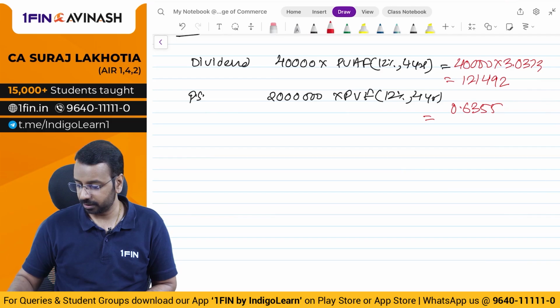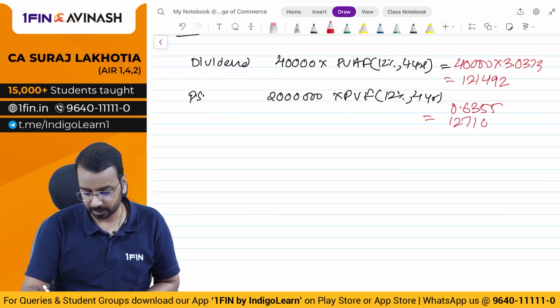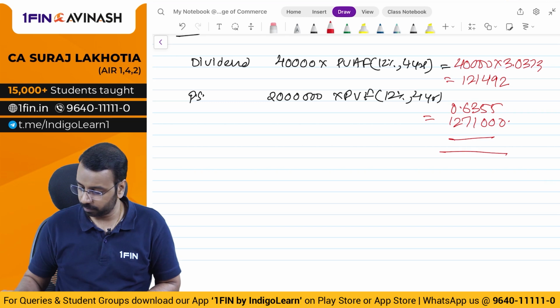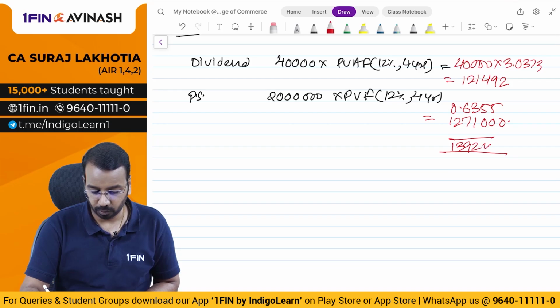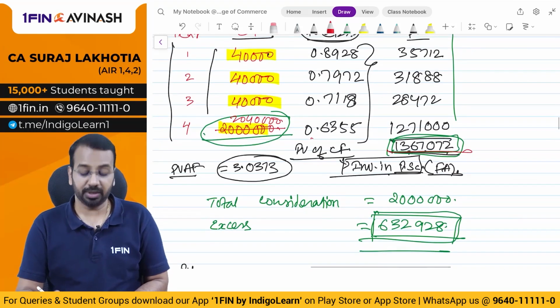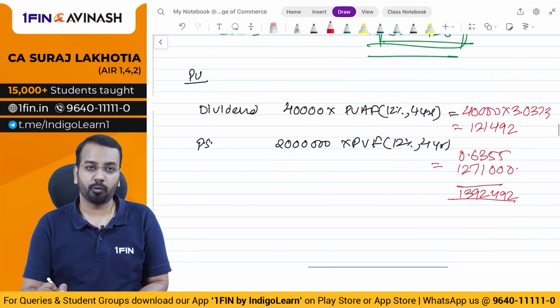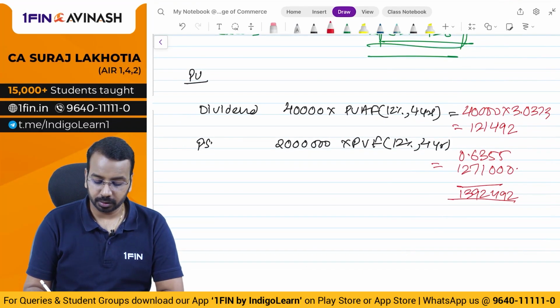So 20 lakhs into 0.6355 is equal to 1271000. What is the total? Plus 121492, total is 1392492. So here I made a mistake, right? It's not 1367, it is 1392492. So the present value of the cash flows comes to 13,92,492.